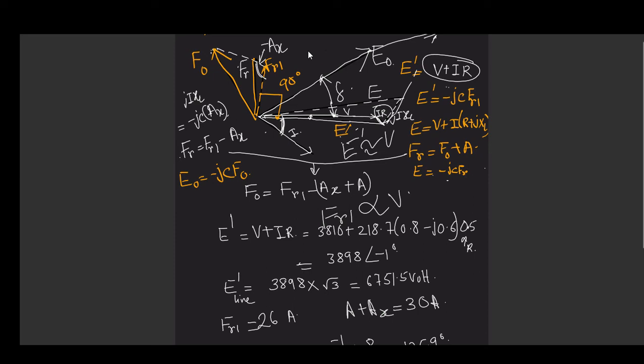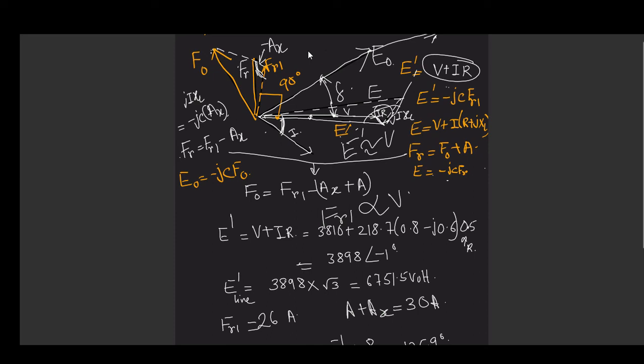then you will get these two triangles whose angles are identical, they are similar triangles. So whatever angle you have here, the same angle you get here.